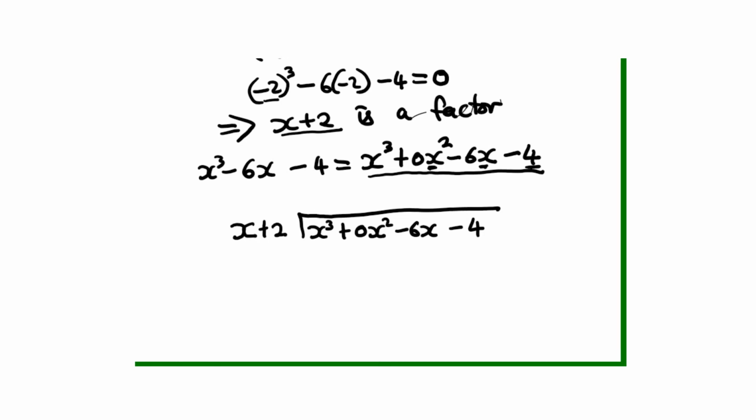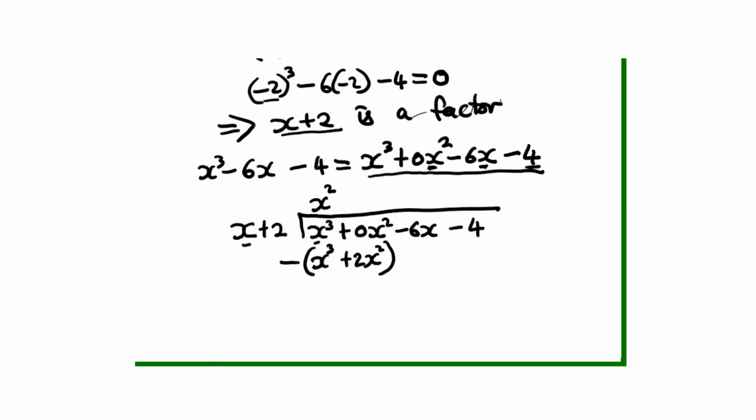You say x into x cubed, you get x squared. Then after division, you multiply. So x times x squared gives us x cubed, and x squared times 2 gives plus 2x squared. Then after that, you subtract.